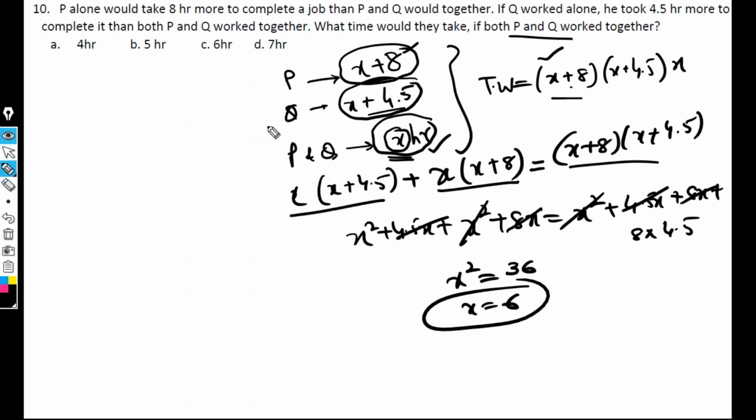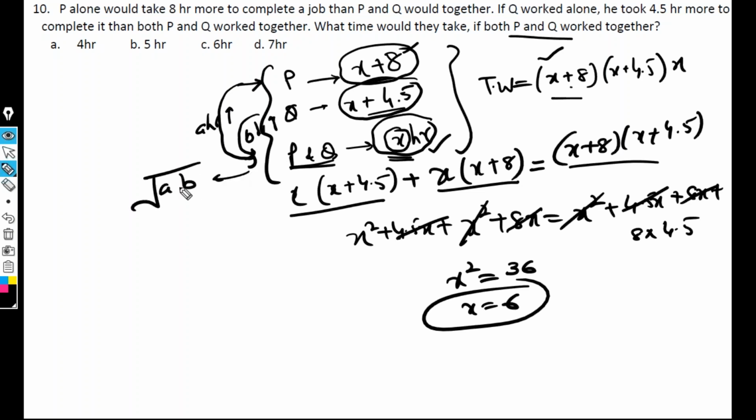So, in these kind of questions, this is a specific case, guys, please keep in mind. If it is given to you that working alone, one person can complete a work in A hours more, and the other person can complete the work in B hours more, then the time taken by the two to complete the work is always going to be the square root of the product of A and B. So instead of going through all these equations, we can straightaway go for the square root of 8 into 4.5, which comes out to be square root of 36, which is 6.